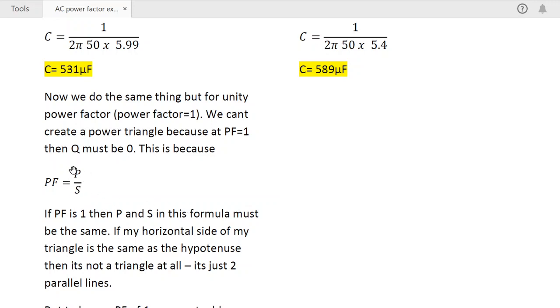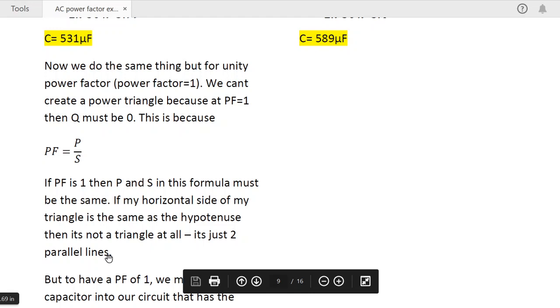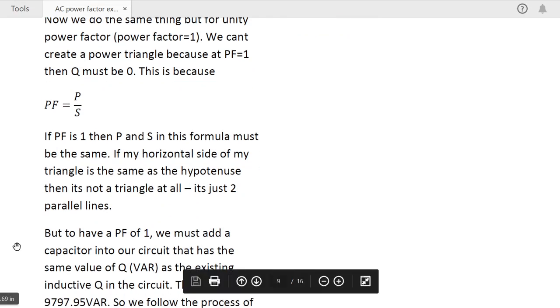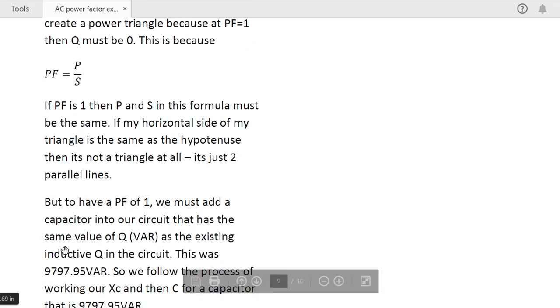Those are two sides of our triangle. So if my horizontal side of my triangle is the same as the hypotenuse, then it's not even a triangle, it's just two parallel lines. So we don't actually have a triangle. S and P are the same number, Q is 0. But to have a power factor of 1, we must add a capacitor into our circuit that has the same value of Q as the existing inductive Q in the circuit.